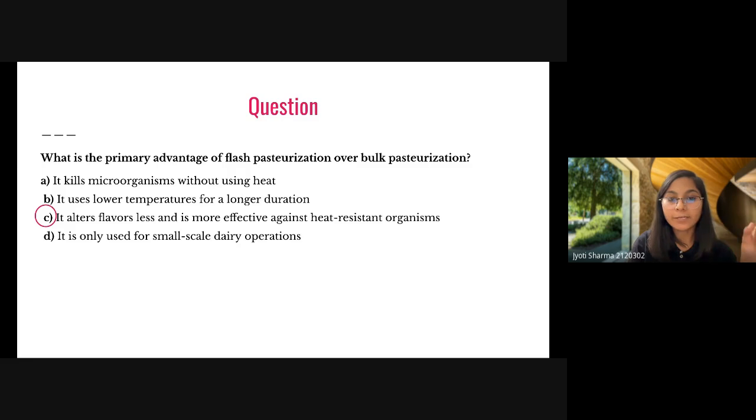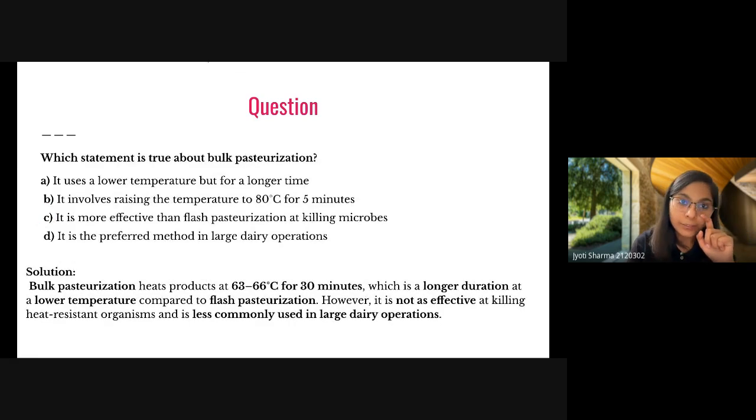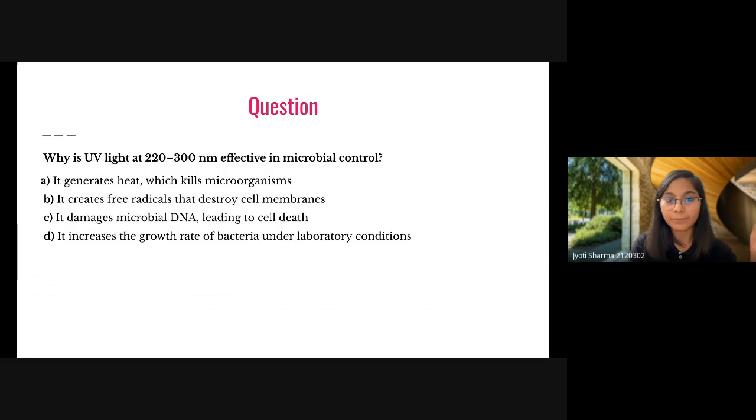The advantage of flash pasteurization is that it alters flavor less and is more effective against heat resistant bacteria. Then the true statement about bulk pasteurization is that it uses a lower temperature but for a longer time.